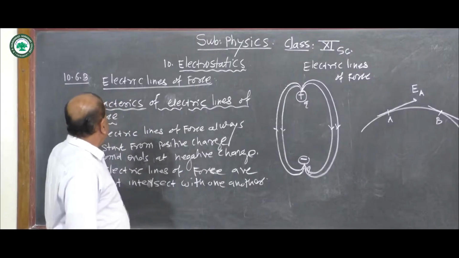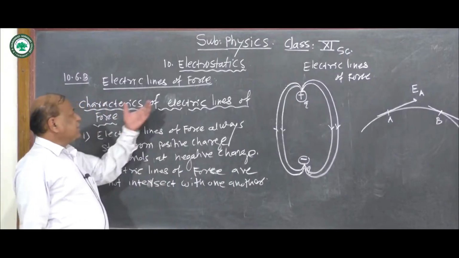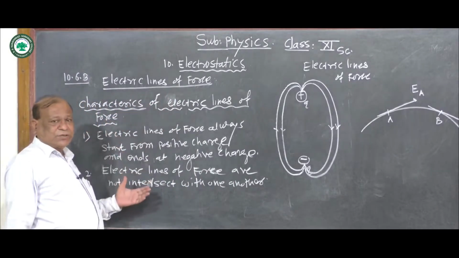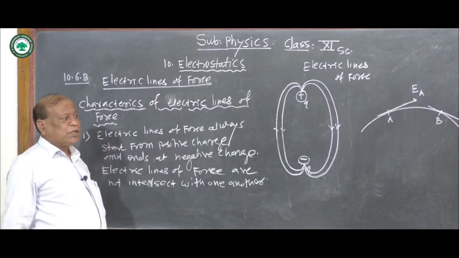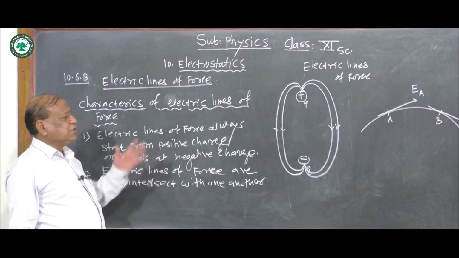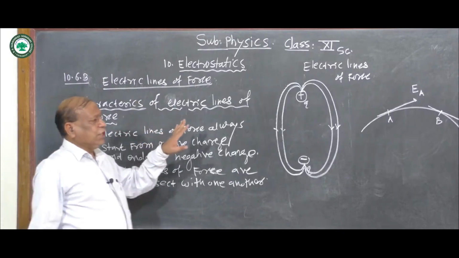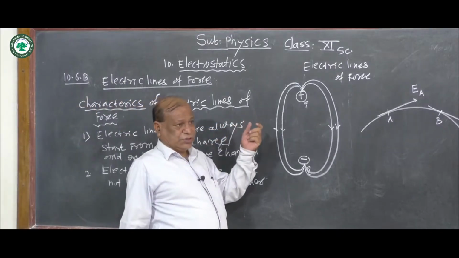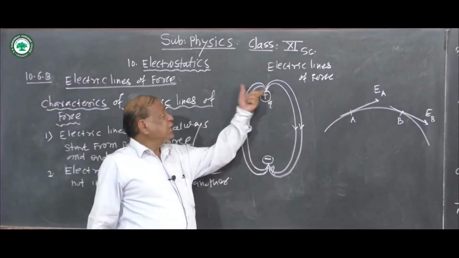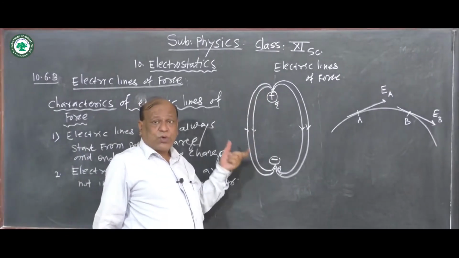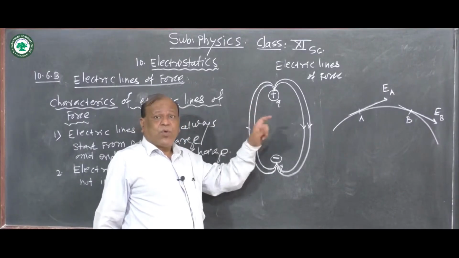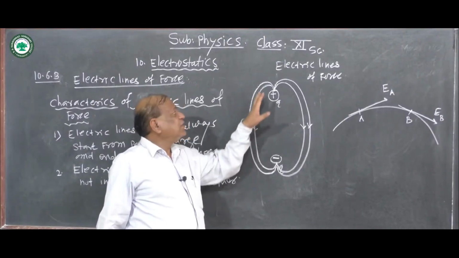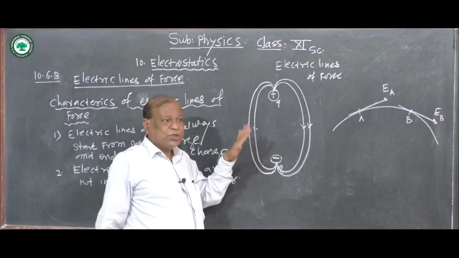And now we see some characteristics of electric lines of force, that is 1, 2, 3, 4 up to 7. And the last one is there is no physical existence to show these electric lines of force, so they are called imaginary lines of force or the imaginary path traced by the positive charge.